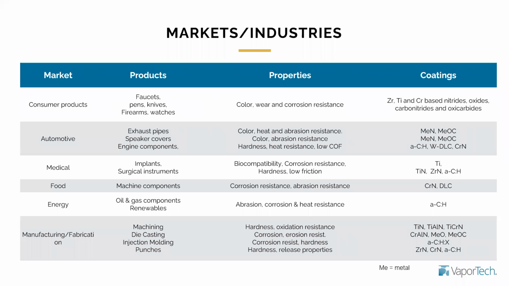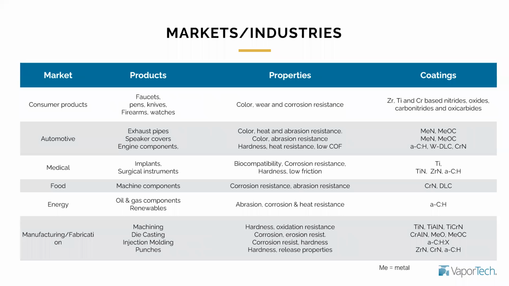Consumer products such as faucets, pans, knives, firearms, and watches combine wear resistance and corrosion resistance, because they contact water, but also have to have a decorative application, so color is important. Coatings with zirconium, titanium, chrome, nitrides, oxides, and so on are coatings that you're going to find in those types of products.